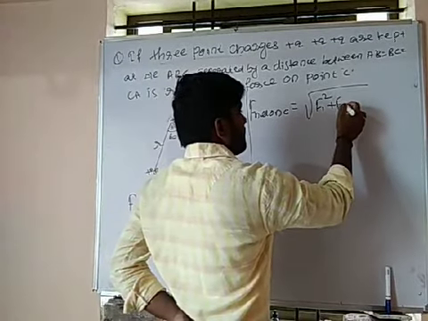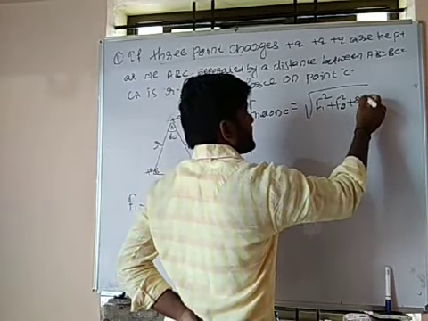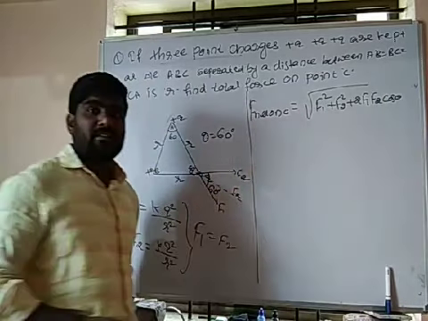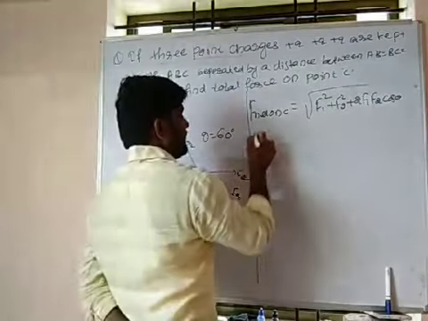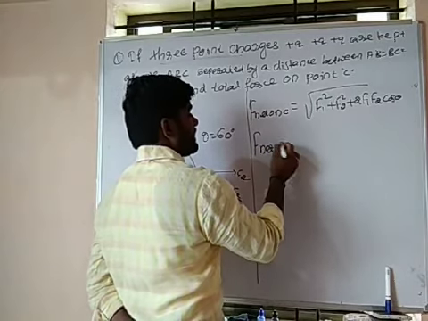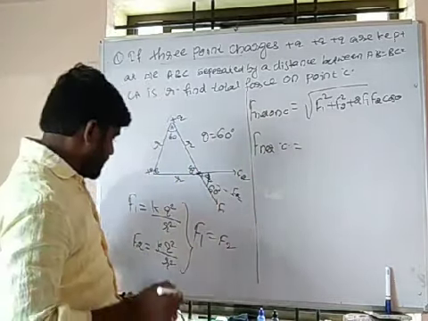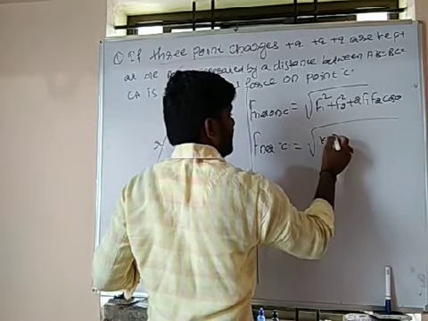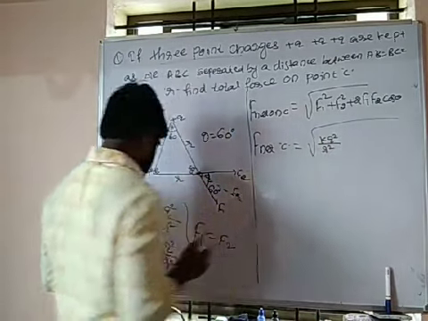Okay. Then this F net on C is equal to, what will be your F1? KQ square divided by R square.